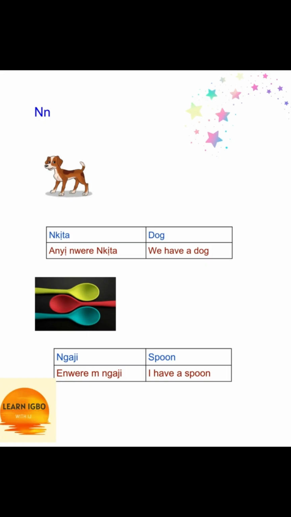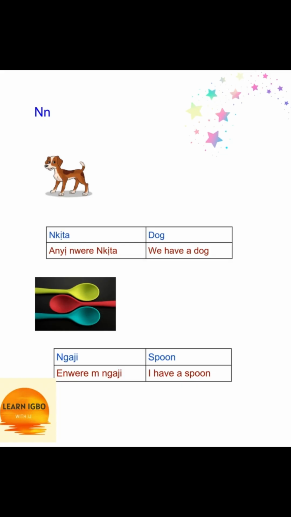Welcome back to Learn Igbo with IJ. Today's Igbo letter is ni. This is the English letter N. In Igbo letters, this letter is ni.